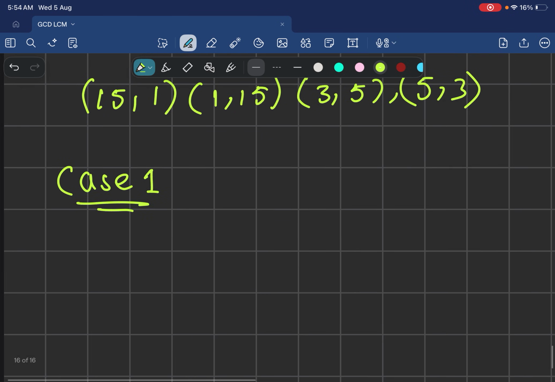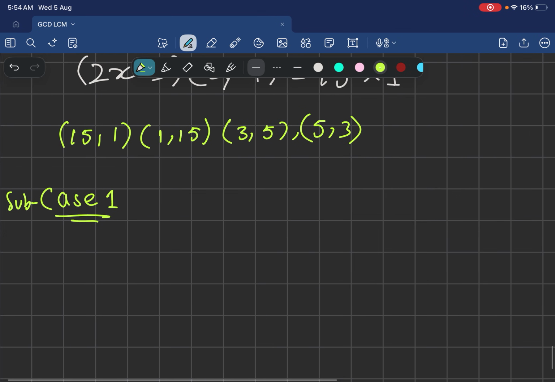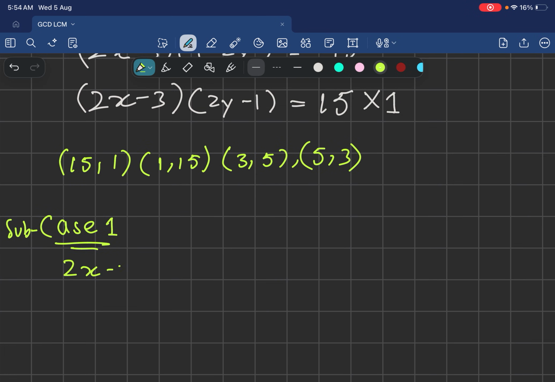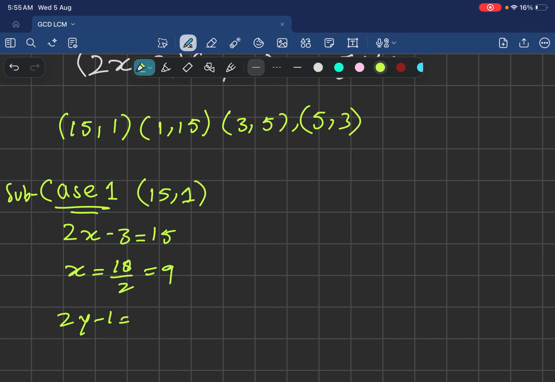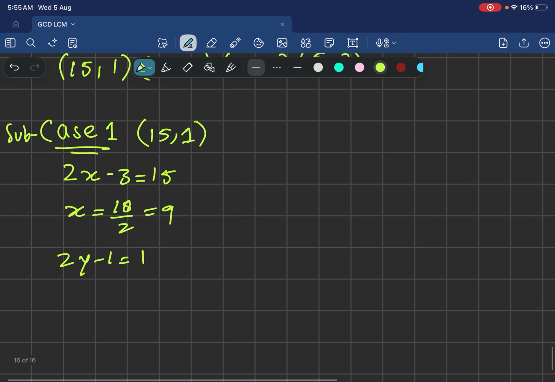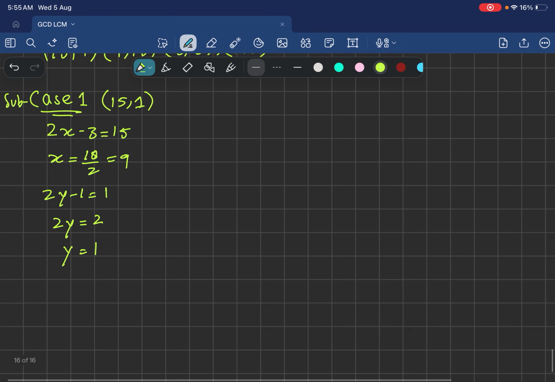So case 1 is 15 times 1. This is a subcase of case 2. So if I say 2x minus 3 is equal to 15, that would give me x is equal to 18 over 2, which is equal to 9, and then 2y minus 1 has to be 1, which means 2y is equal to 2, so y is equal to 1.